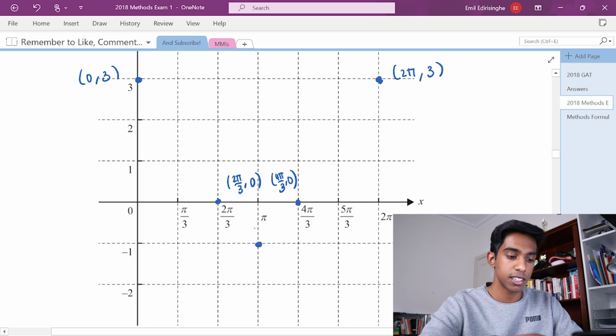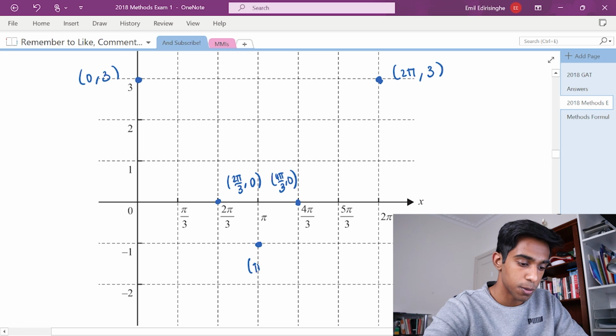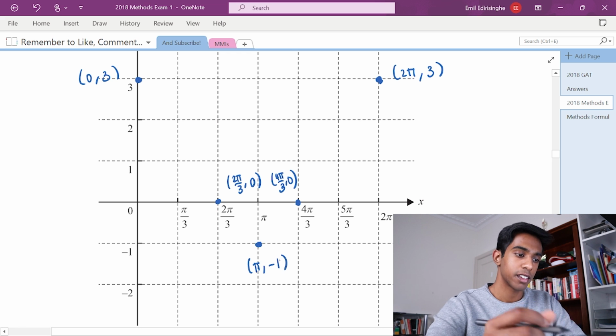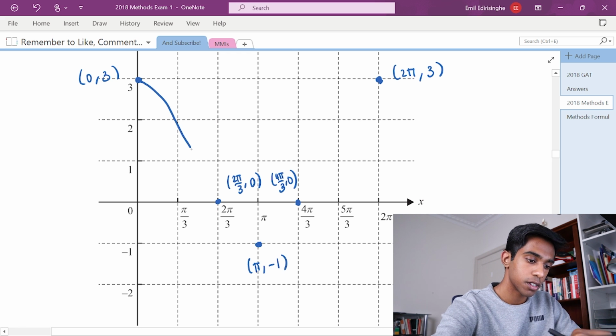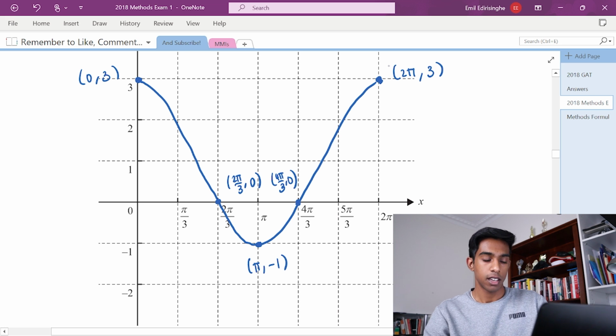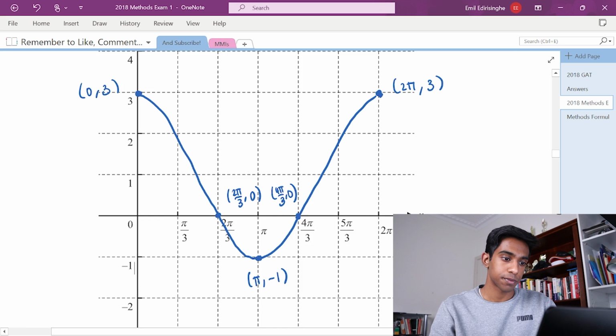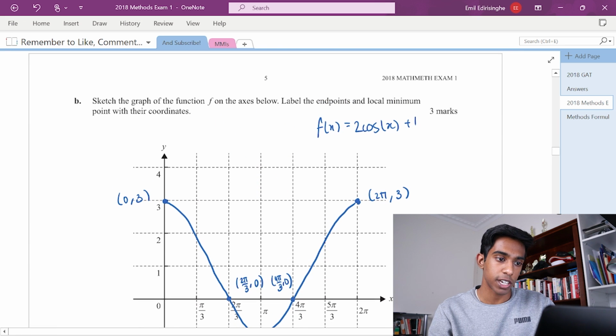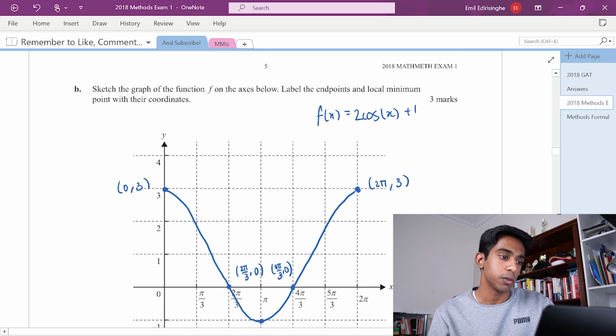So now, basically just connecting the dots, I'm going to write this in as well. And we just draw this equation. Like that. Yeah, that looks good. I'm just going to check that I've actually done everything I need to do. Endpoints, local minimum, and yeah, these points are included, so they'd be circled in circles. Local minimum with coordinates, yeah.